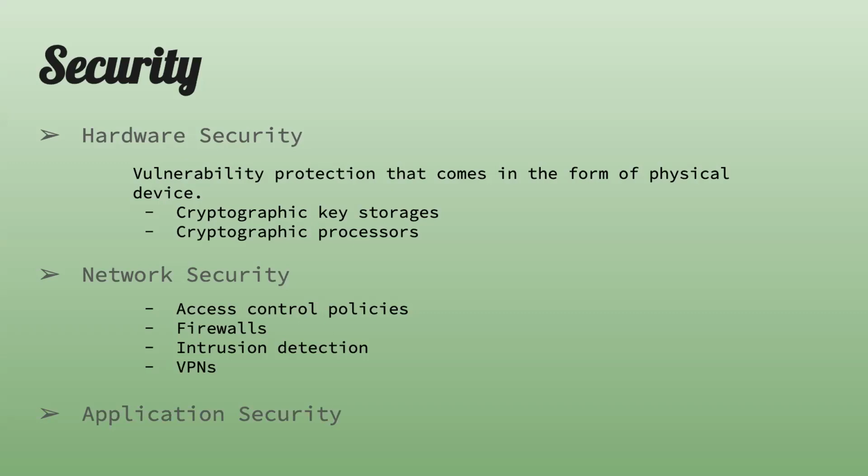Hardware level security is where we have separate devices for security, like cryptographic key storages and cryptographic processors. Those are dedicated processors, dedicated hardware, to detect vulnerabilities in the network and in a computer, and mitigate those things at the hardware level.